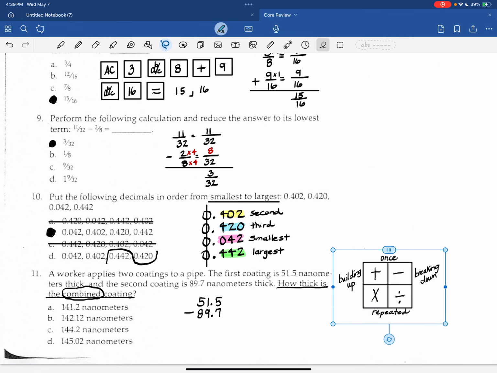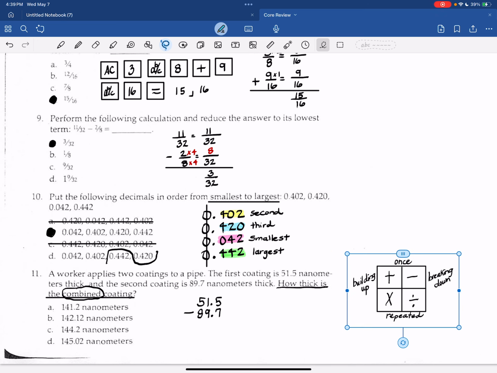So we're definitely building up. That means we're either adding or multiplying. Are we doing it repeatedly or just once? We're doing it just once. So this is addition. Okay, it does not say you cannot use a calculator, so if you want to, you can, but I'm going to go ahead and just do it with my brain.